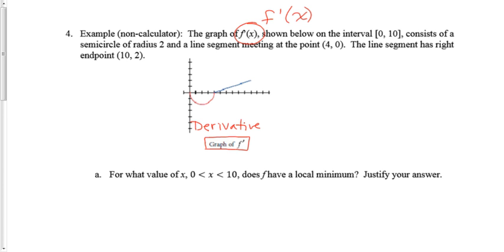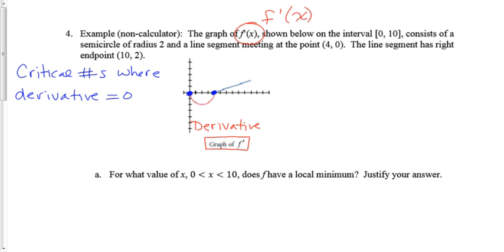I'm going to look at the graph of my derivative. My critical points, critical numbers, are where the derivative is equal to 0. And again, I have the graph of the derivative. So where the derivative equals 0 would be at this point right here, and this other blue point right here.